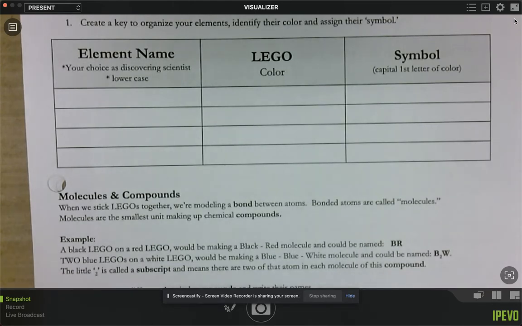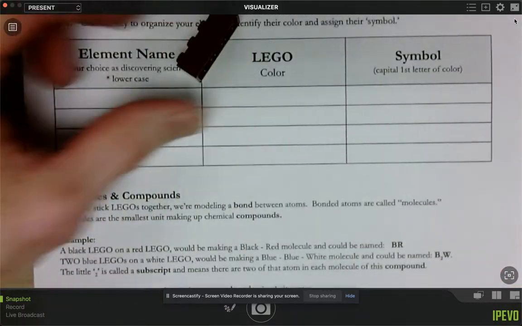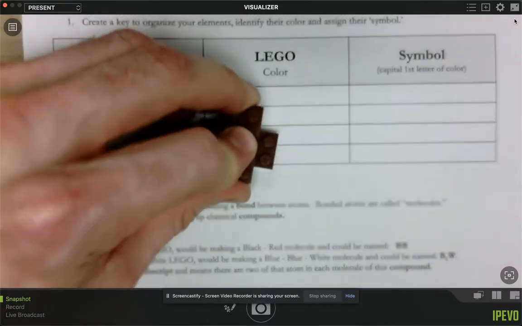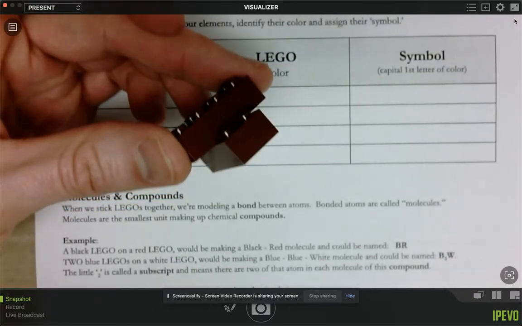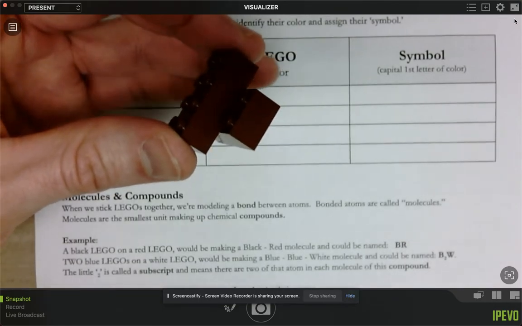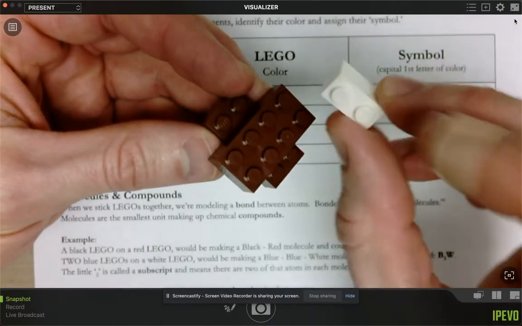And you might wonder, what's the difference between an element or atom, a molecule, and a compound? Well, let me show you with Legos. So an element all by itself. Element, one atom. Molecule. And we can have different colors, which would represent different elements attached to this. If we have different elements, so pretend this is like an atom of hydrogen.